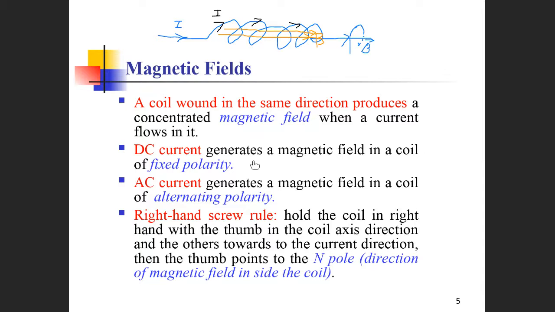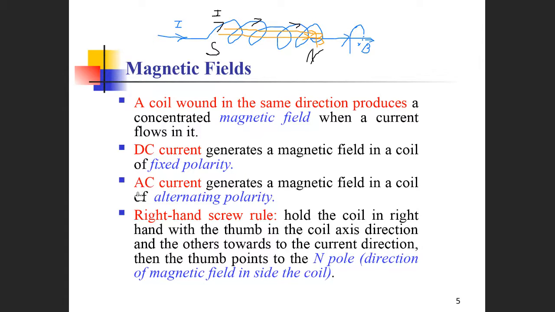Those are the polarities. So this is like a magnet. So a DC current generates a magnetic field in a coil with a fixed polarity, no change.